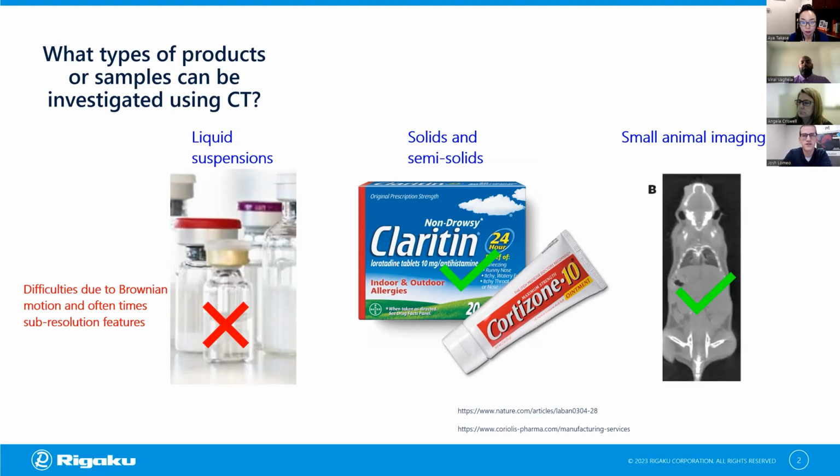We can also look at small animal imaging. This is an area that can be quite pertinent to understand distribution of drug within tissue, as well as the drug product. If it's something like an implant or a microsphere, we want to actually evaluate where that drug product is and how it is degrading and evolving over time.